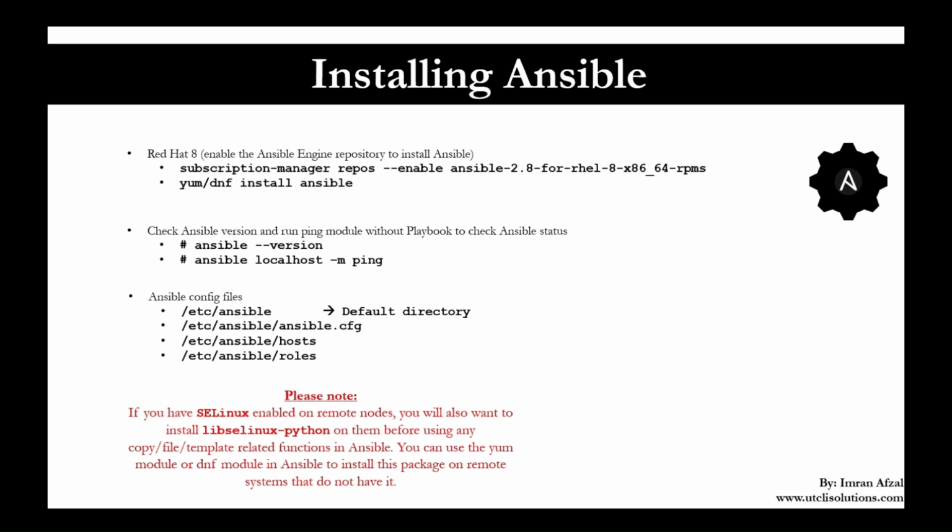All right, so we will disable SELinux on our remote client because we are using all that setup in our lab environment. But if you're doing it in production, then please make sure you install this libselinux-python package. All right, so now this completes our entire lab setup and configuration. Now it's time to really get our hands dirty and run our Ansible automation scripts against our local hosts and remote clients.